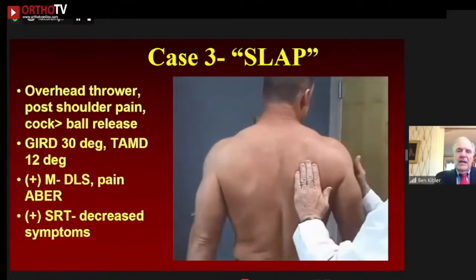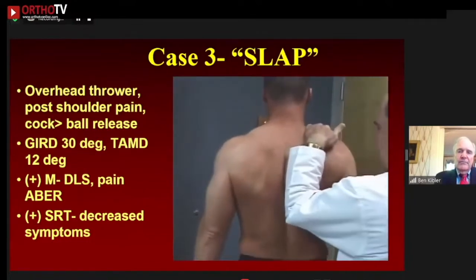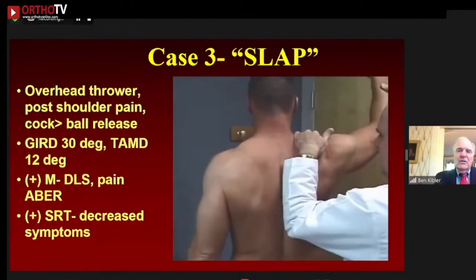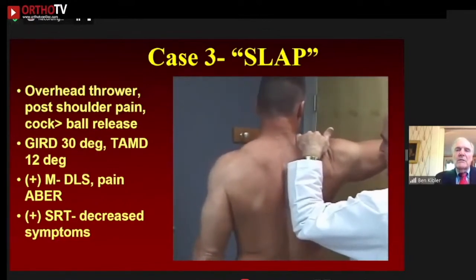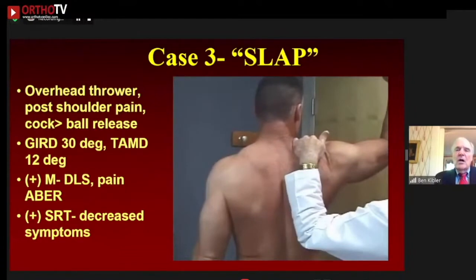However, if you stabilize the scapula in retraction, you find that the internal impingement symptoms are removed, so he has no symptoms at that point. It doesn't mean that we've cured the problem, but this indicates the need for scapular rehabilitation as part of the treatment. This patient still may need surgery, but he needs the rehabilitation as well.